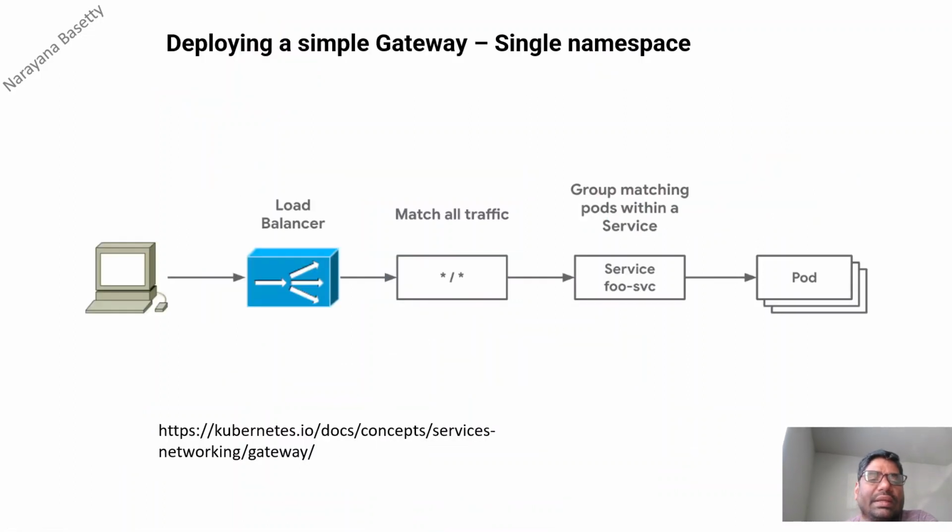Now let's see the simple example, deploying a simple gateway on a single namespace. So Kubernetes applications hosted in a single namespace, we have seen already in part 1, 2, 3, and so forth. If you want, please go ahead and read. Now you see that a person who is operating from the computer, suppose he is hitting www.example.com, the request will reach the gateway load balancer, and this gateway load balancer basically sees different directions.